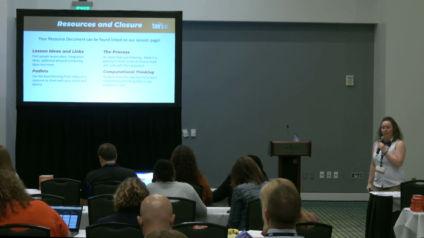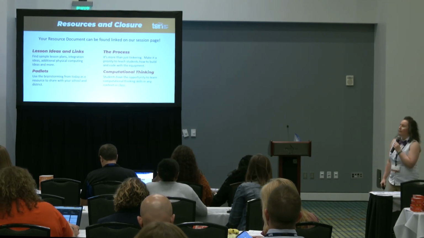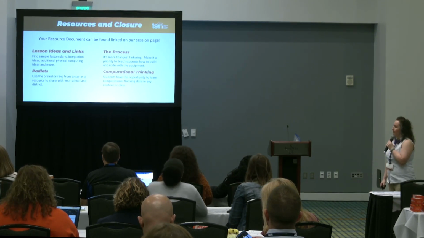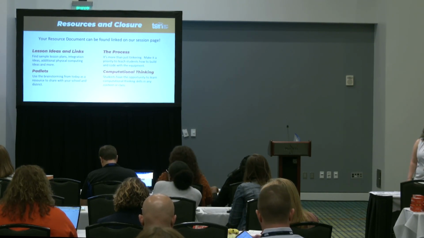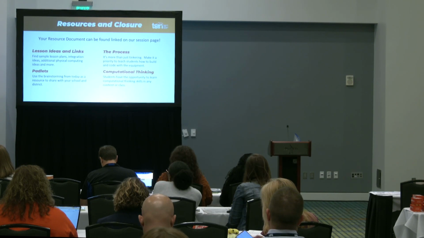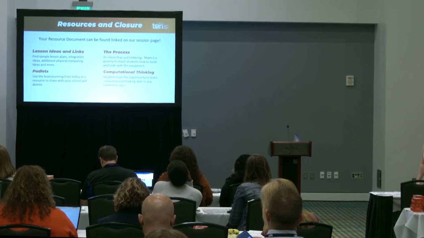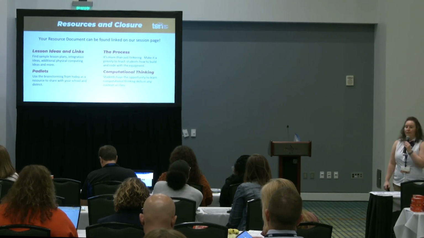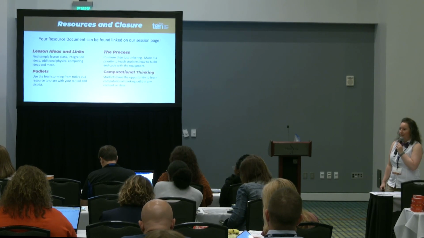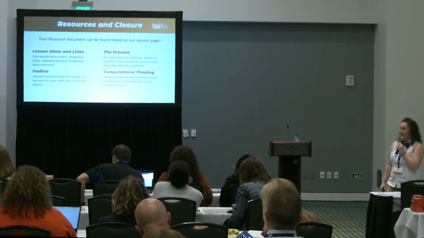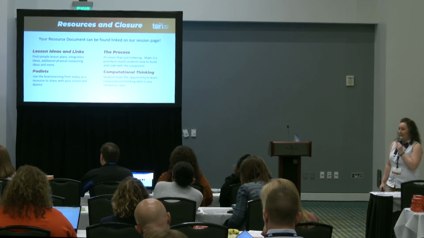And then again, the computational thinking and those foundational skills. You can use all kinds of lessons to teach those foundational computer science skills that are going to be important in the next couple of years when students are going to be required to do this in middle school and required to do this in high school. So the more you can get it in front of them, the more comfortable they are with it, the more comfortable you are with it, the better off everybody is.